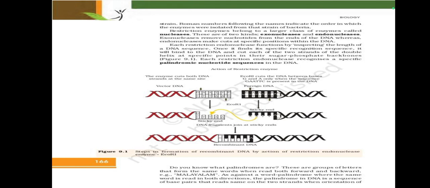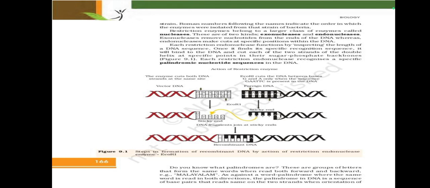Once it finds its specific recognition sequence, it will bind to the DNA and cut each of the two strands of the double helix at specific points in their sugar phosphate backbones. Figure 9.1. Each restriction endonuclease recognizes a specific palindromic nucleotide sequence in the DNA.